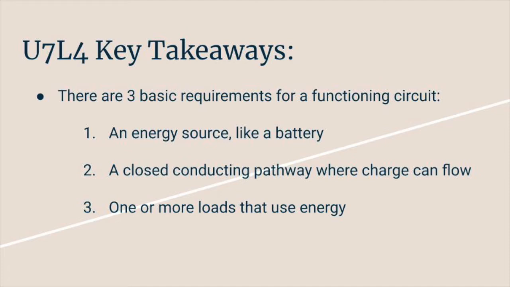And then finally, you need one or more loads that use energy. So a load is like the thing that your circuit is actually powering. So in the activity you did, we had light bulbs. So that would be your load, where your charges are depositing their energy to be transferred into some other kind of energy, like light energy, for example.